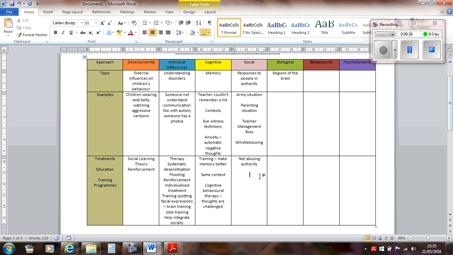So it might be things like how to make someone feel more comfortable whistleblowing. So like a policy in the company, or an anonymous box, something that they could do so that they don't feel like they're going to blow the whistle.